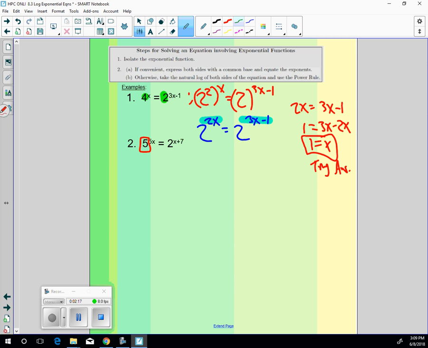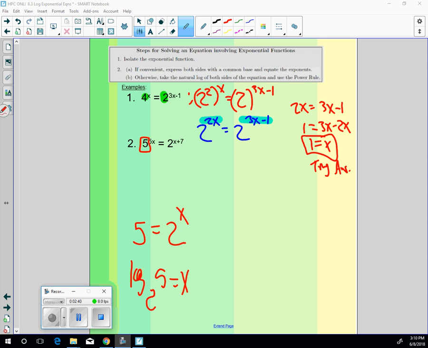This one's a little bit tougher because what you have to do is find out what exponent 5 is. So in other words, 5 is equal to 2 to the what power? Okay, so log base 2 of 5 is equal to x. I checked it in my calculator.